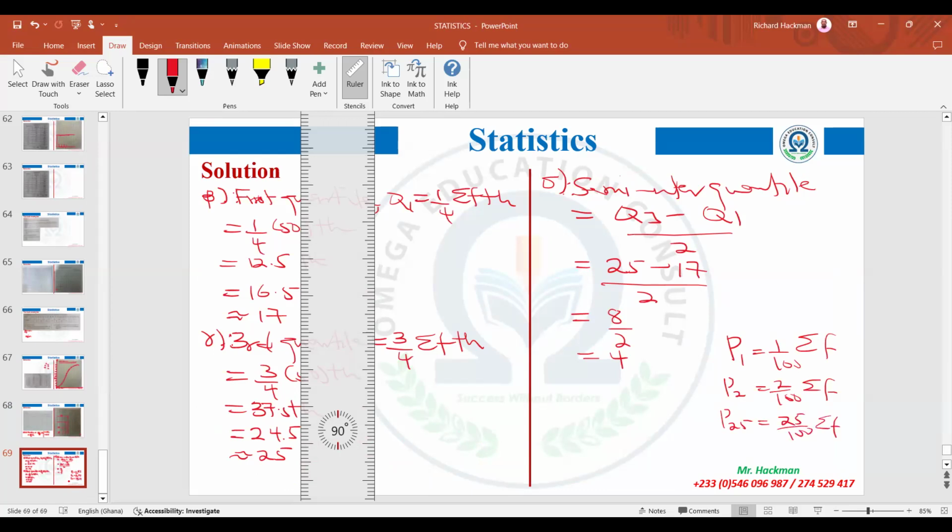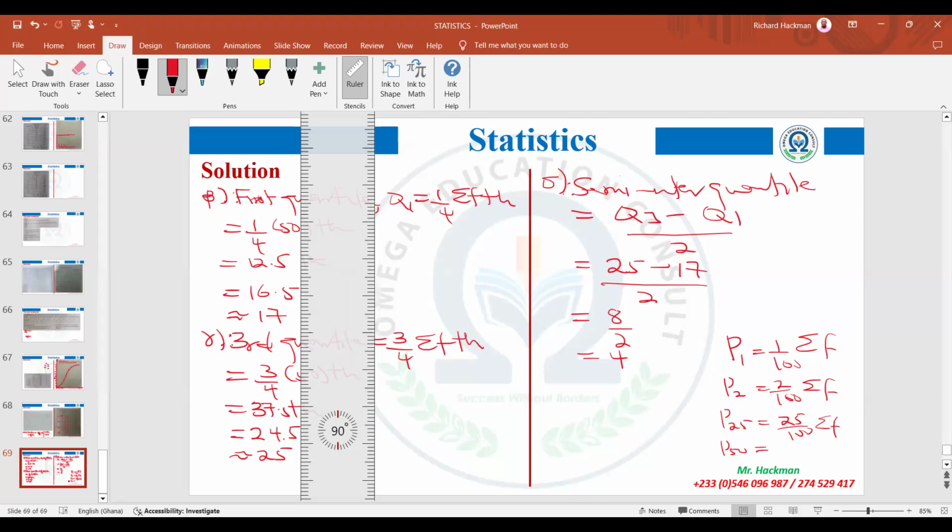The 50th percentile will be P sub 50, and the 50th percentile will always be the same as what? The median. In terms of percentiles, the 50th percentile is the median. And you could be asked to deal with deciles. Decile will be over 10. It's the same thing.